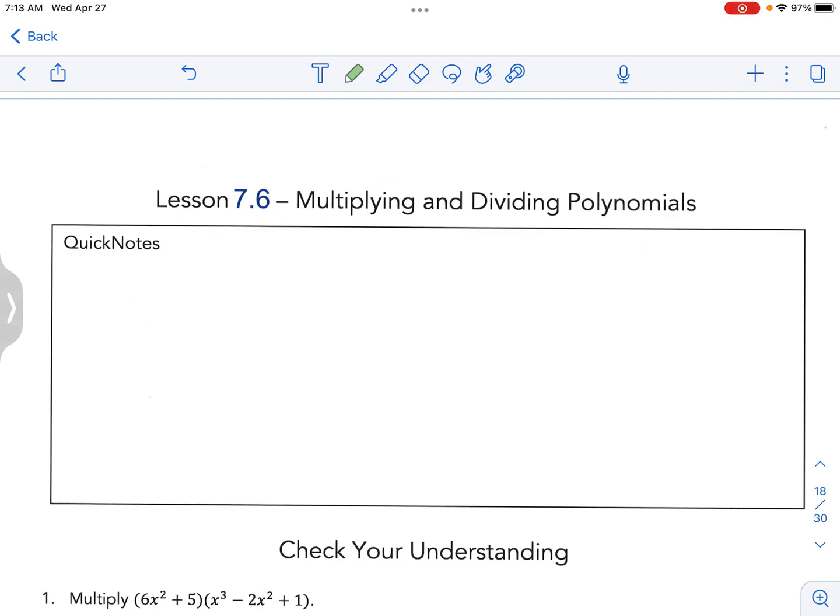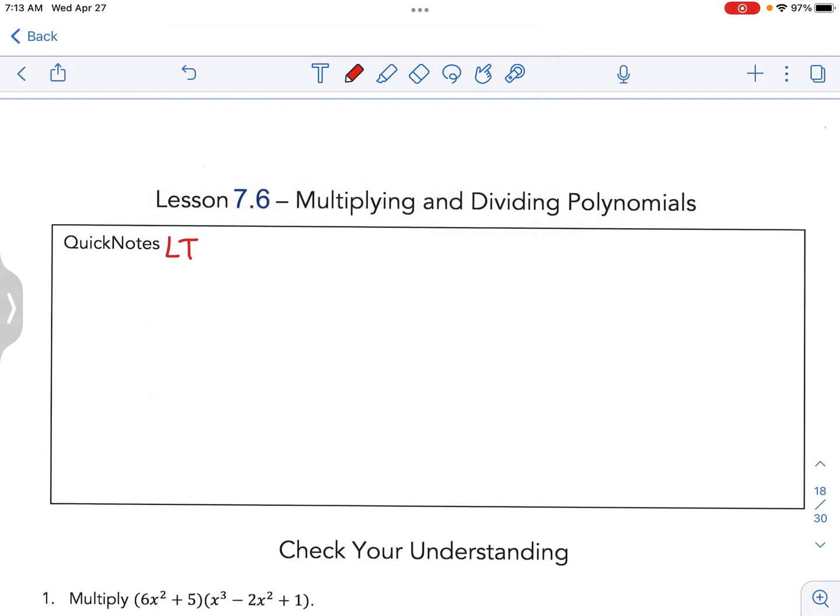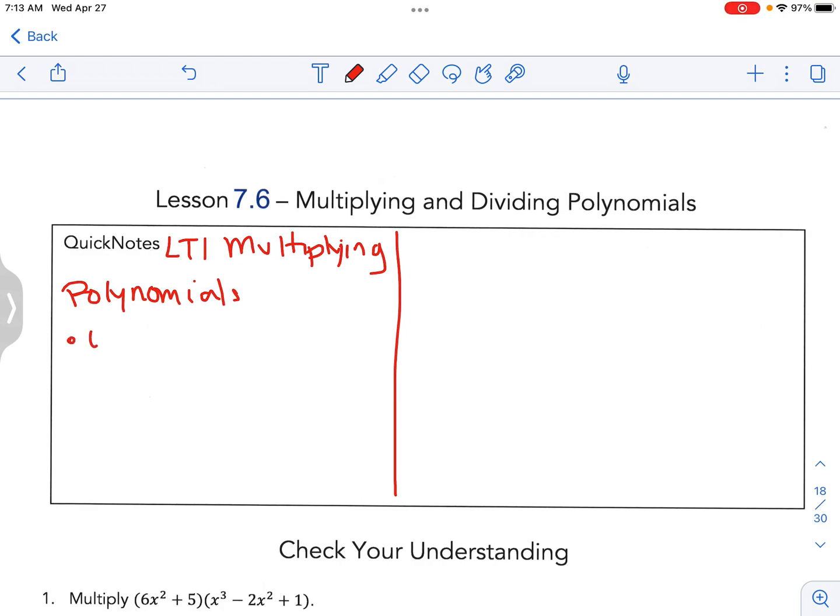Oh, and I have some more vocabulary I guess I gotta talk about as well. Learning target number 1 is multiplying. Okay, so we use the area diagram. Use area or rectangle diagram.